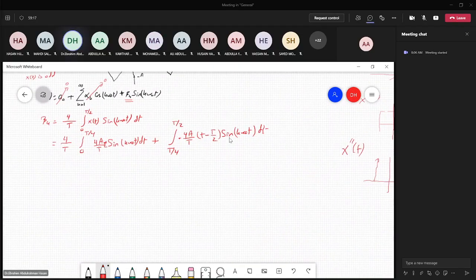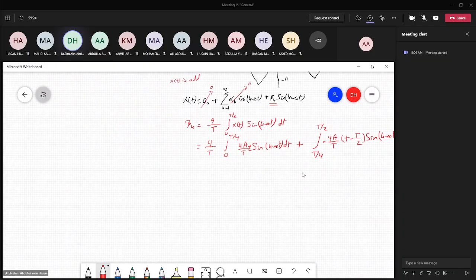And this part, again, continue with integration by parts. Just let me remind you about how to do this. This is t, and here we have sine k omega naught t.